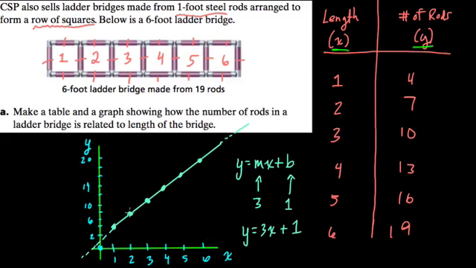And in between, let's say you need a bridge of 1.5 feet. Well, x would be 1.5 times 3, which is what? Well, 3 times 1 is 3, 3 times a half is 1.5. That's 4.5 plus 1, or 5.5 rods for a 1.5 foot bridge. But if you look at a 1.5 foot bridge, it would need 1, 2, 3, 4 rods, and maybe a half foot.